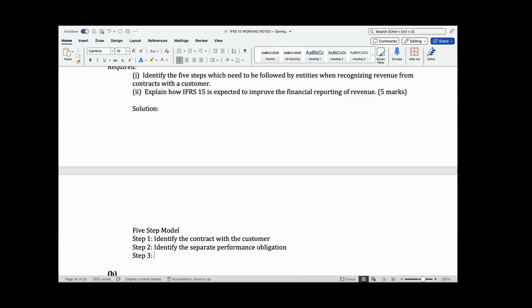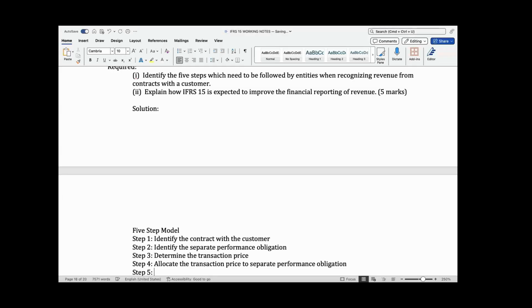Then step 3, determine the transaction price. Step 4, allocate the transaction price to the separate performance obligations. What's step 5?